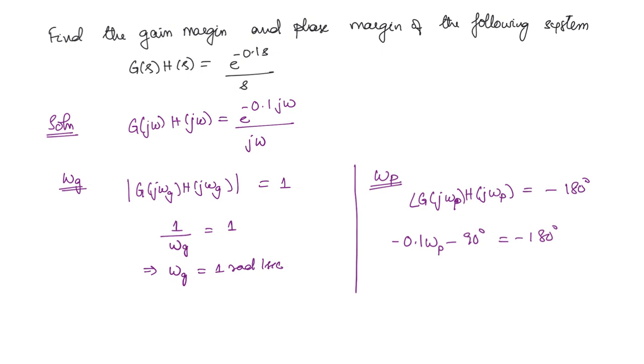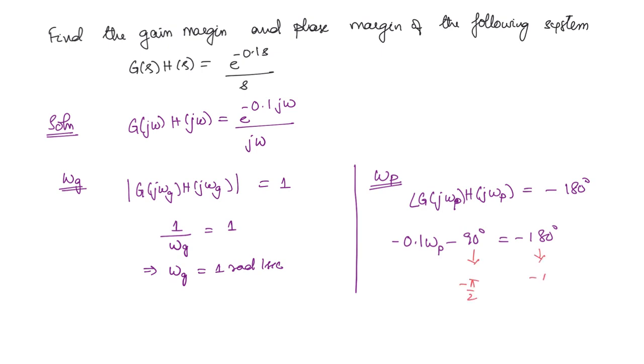Now here you have to understand a very important thing. Whenever tan inverse is there, it is not a problem. But there is no tan inverse here. Omega p is directly related with these angles. In such a case, you have to use radians, not degrees. So you can convert it into radians. What will you get? Minus pi by 2.